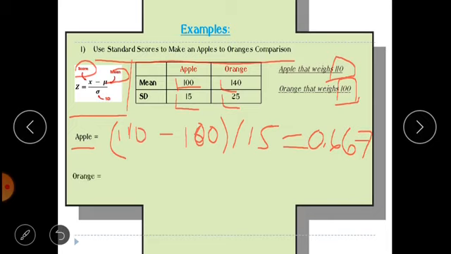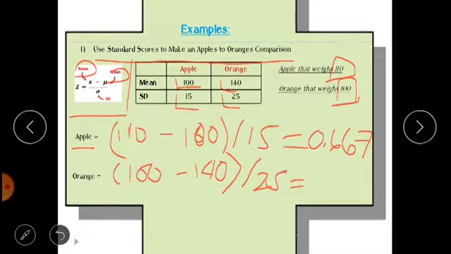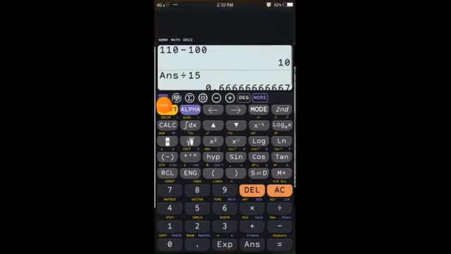How about orange? So yung score ng orange, which is 100 minus yung mean niya ay meron siyang 140, divided by standard deviation 25 is equal to... Okay, punta ulit tayo sa calculator. 100 minus 140.